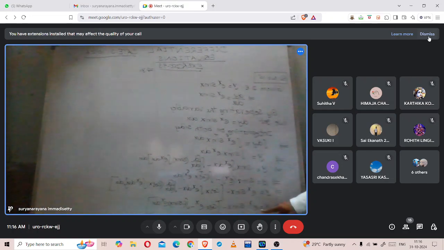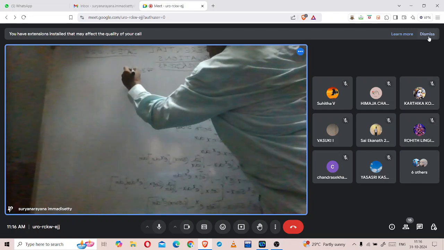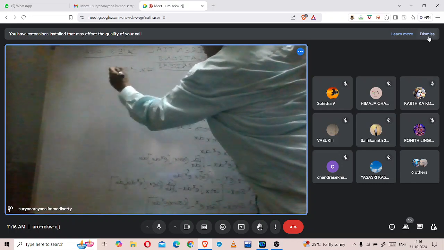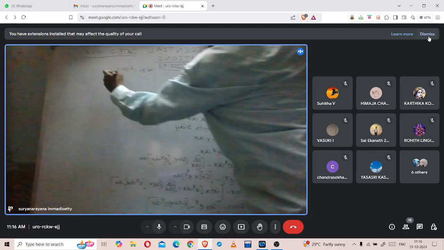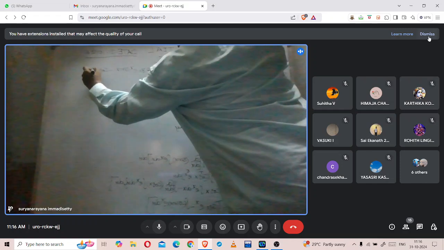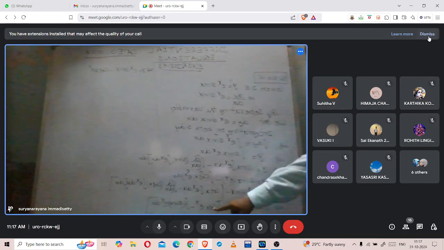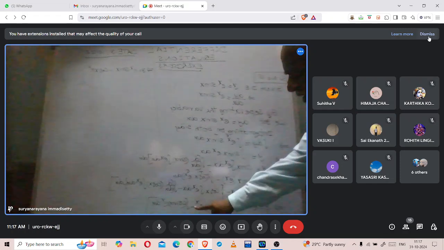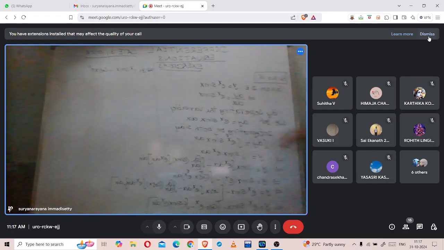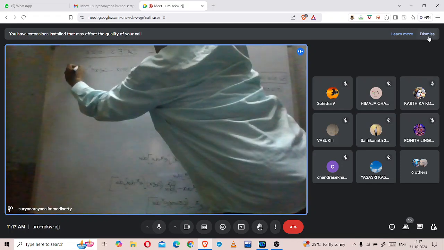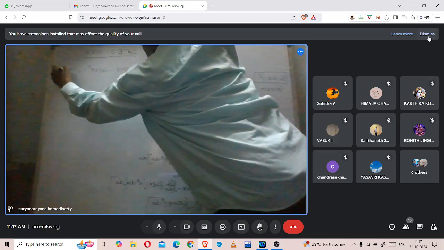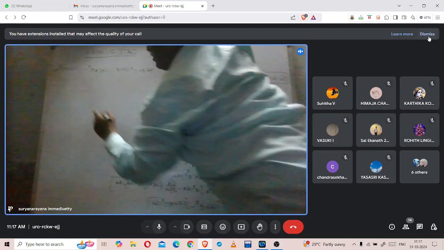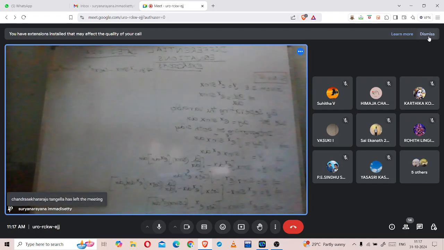Y is equal to e power x into sin x, minus e cos x e power x minus cos x e power x, minus into minus plus, plus into minus minus, integral sin x e power x dx.